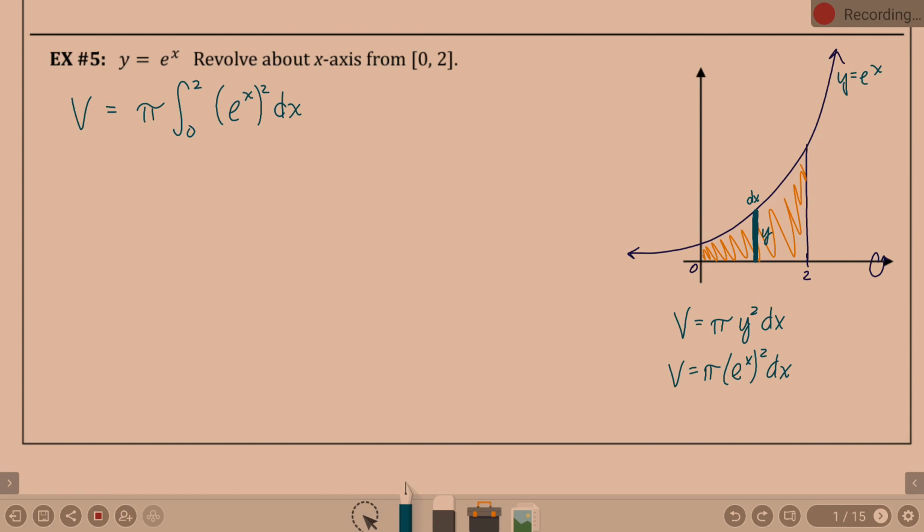It's technically basic exponent rules, but exponent rules just get forgotten after you leave middle school. So this is the integral from 0 to 2. A power raised to a power is multiplying, so it's e to the 2x.